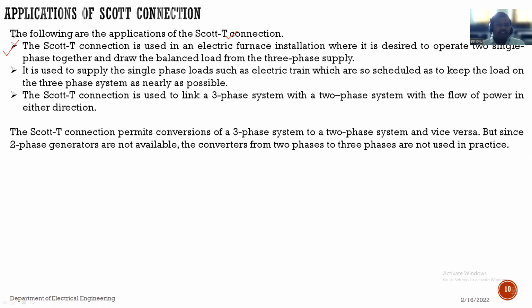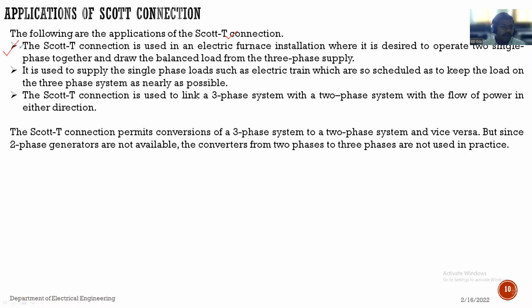So if I want to install two-phase equipment, at that situation it is useful. Also, if we are using any furnace, it will require a two-phase transformer. For that reason we use the Scott connection.